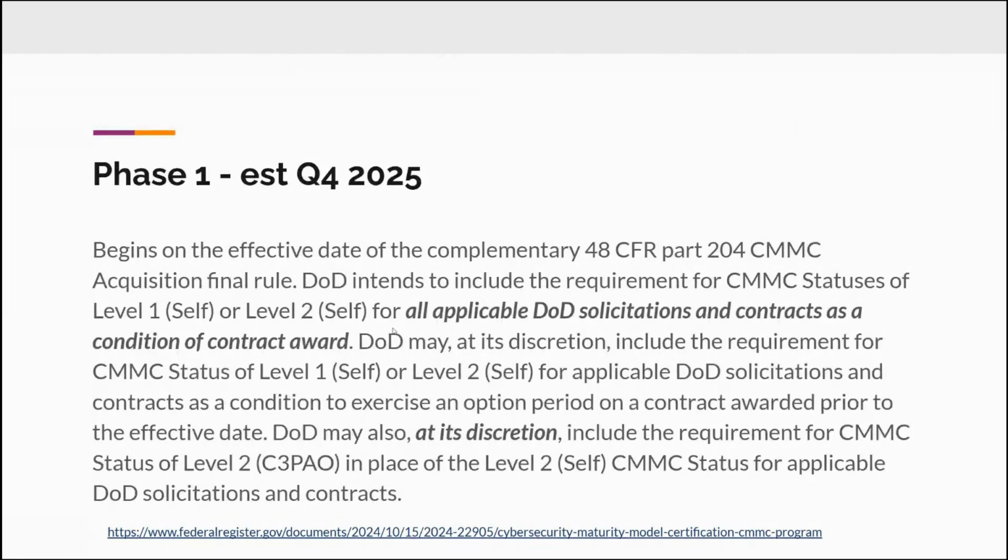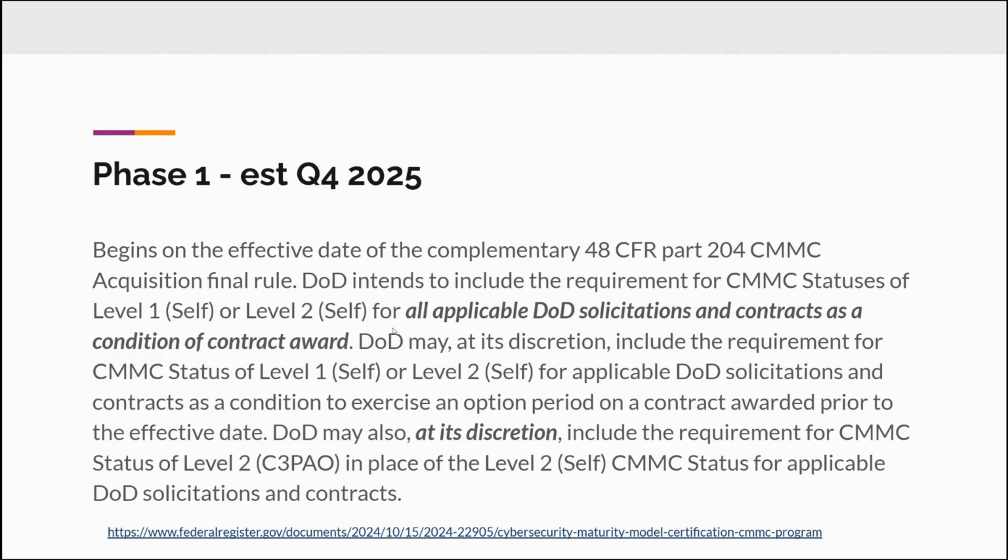Self-certification, level 1, level 2, for every applicable DoD solicitation contract as a condition of contract award. They may also include the self-certification as a condition to exercise an option period on a contract awarded prior to the effective date. DoD may, at its discretion, include the requirement for CMMC C3PAO certified in place of self CMMC status for certain DoD solicitations and contracts that they choose.